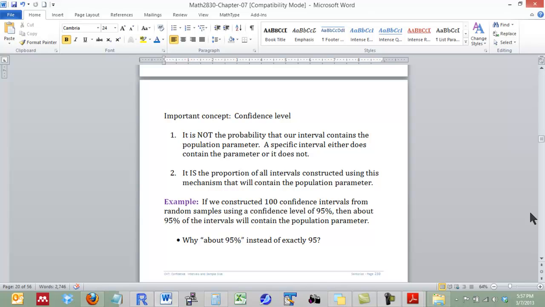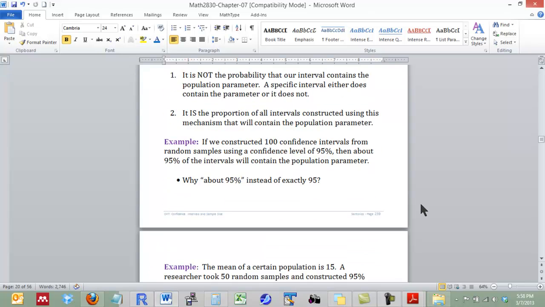Again, this is a random process. If I take 100 samples, there's randomness in that, and so the process tells me that around 95. If I take 1,000, then I'm going to get closer to around 95% of those 1,000. It won't be exactly 95%, but it will be close.